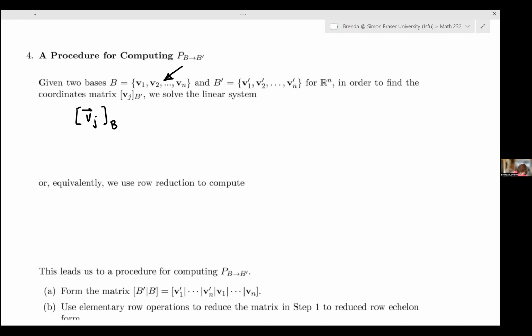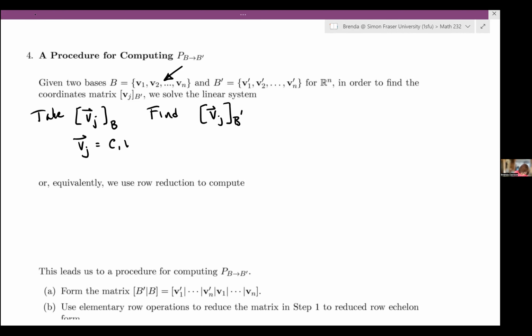We want to take the first basis vector from our original basis. We want to find out the coordinates of that vector in the new basis. That is, we want to figure out Vj, the jth basis vector of basis B. We want to express that as a linear combination of the basis vectors of B prime.